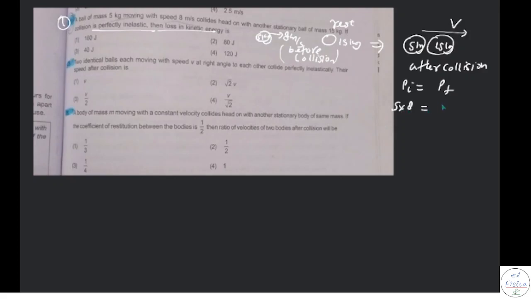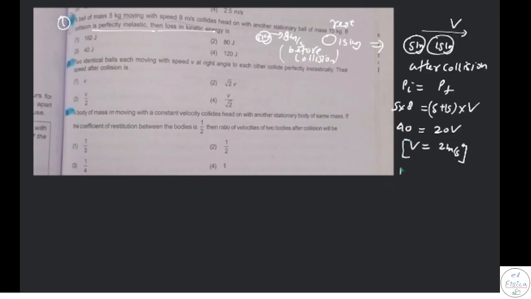So 5 into 8 is equal to final momentum, which will be total mass of the system, 5 plus 15, into v. So it will be 40 is equal to 20 v. So final velocity will be 2 meter per second.